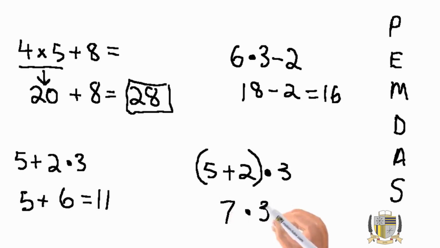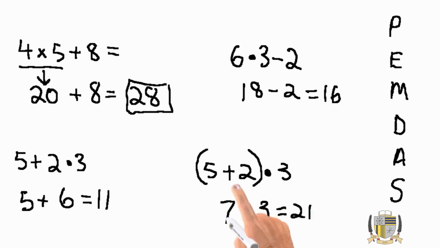So now we clear the parentheses. Now we're outside the parentheses, and we're looking at this whole thing again. Do we see another parentheses? No. Any exponents? No. Do we see multiplication? Yes. 7 times 3. 7 times 3 is 21. And that's it.